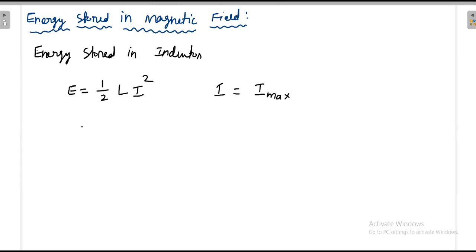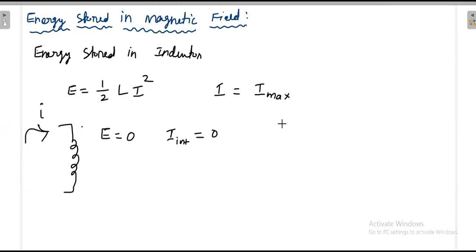This is something related to circuit analysis. Whenever you have an inductor and you give some source, say the current may be 0 in the beginning, or even if it is DC current, instantaneously you cannot change the current across the inductor, because the energy in the inductor is initially 0. And if the energy is 0, the initial current present in the inductor has to be 0 according to this formula.